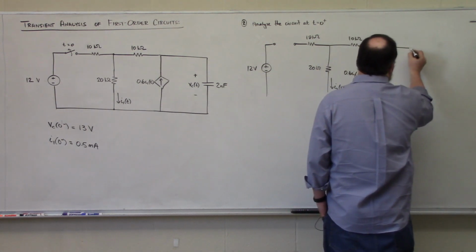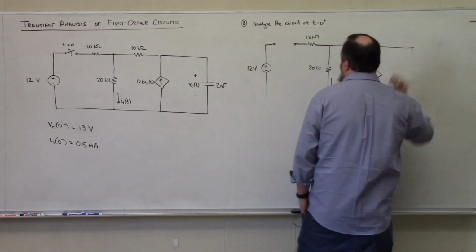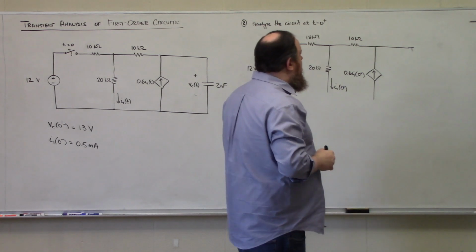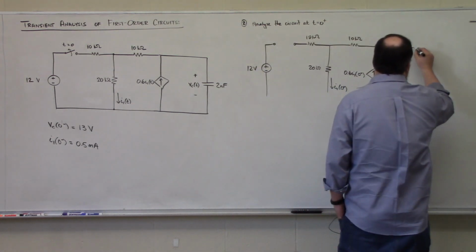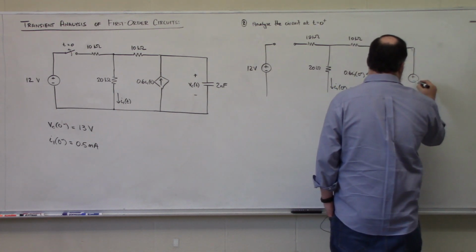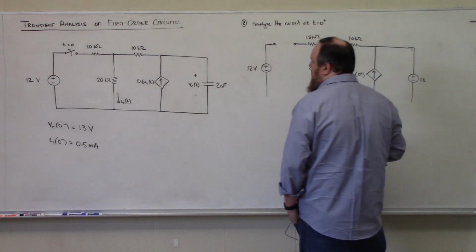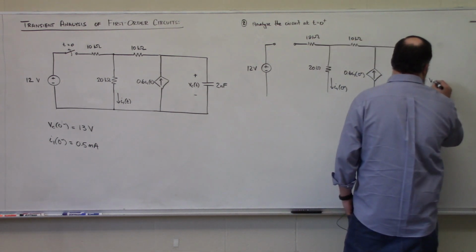And then I'm going to replace my capacitor like I did in the last example with an independent voltage source having the same polarity as VC. So it's positive on top, negative on bottom, and the same magnitude as VC at 0 minus, which we determined to be 13 volts.